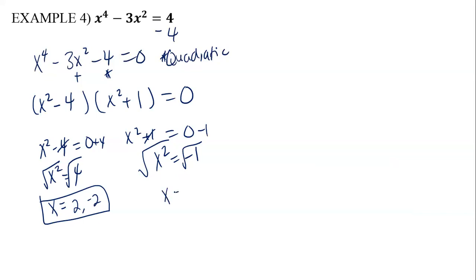Because it's imaginary, I'm going to have an i. So the square root of 1 is 1, and the square root of -1 is 1i. So my solutions are going to be +1i and -1i. Between my real and my imaginary, I have 4 solutions, and the degree of my polynomial was 4. So I know that it is done.